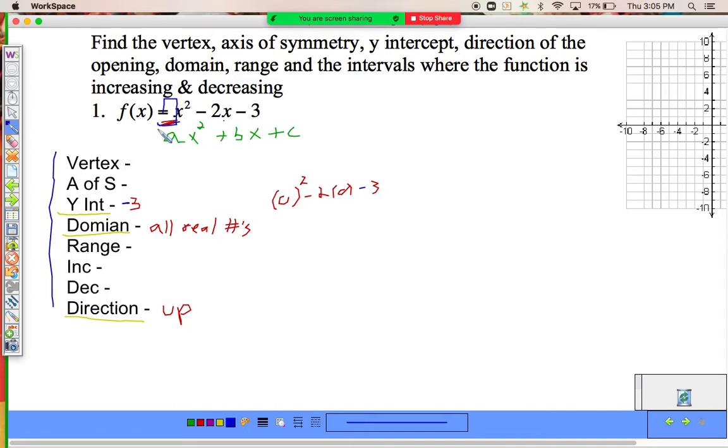So my axis of symmetry is going to be the equation x equals negative b over 2a.